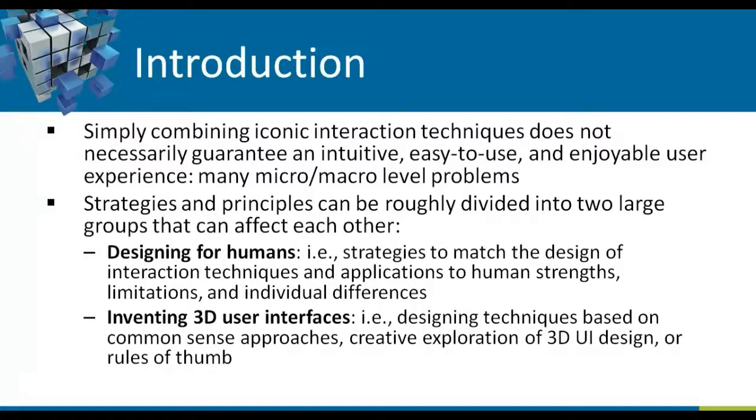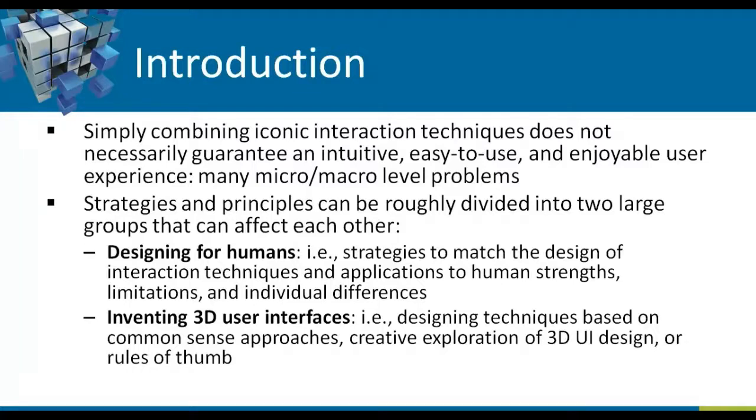And next, strategy and principle can be roughly divided into two large groups that can affect each other. First, designing for human, and second, inventing 3D user interface. Designing for human needs strategies to match the design of interaction technique and application to human strength, limitation, and individual difference.